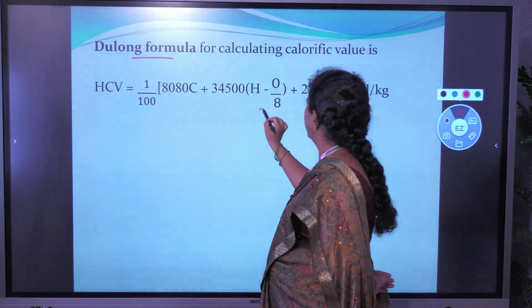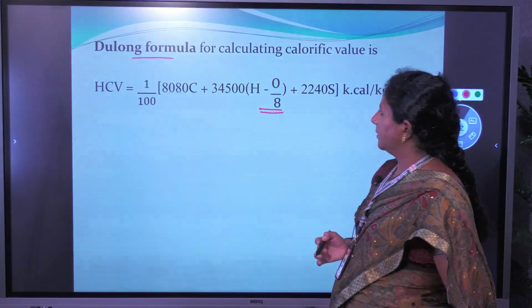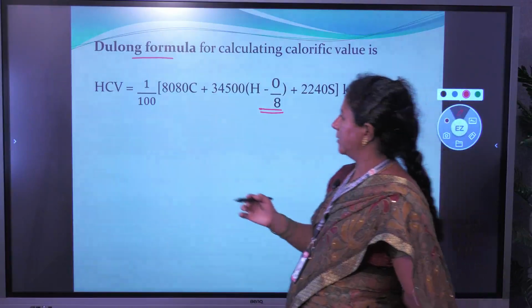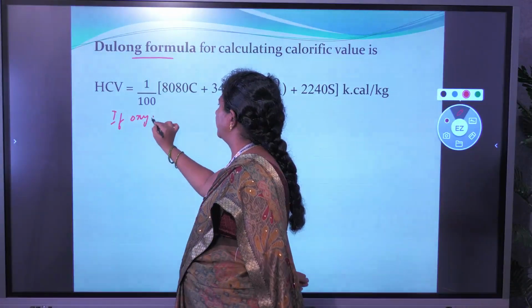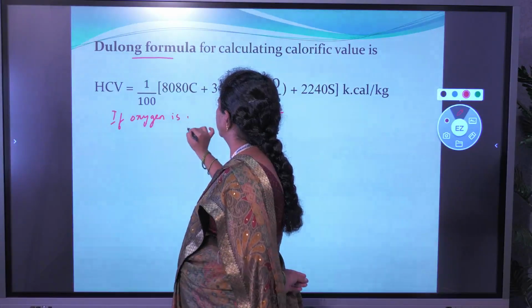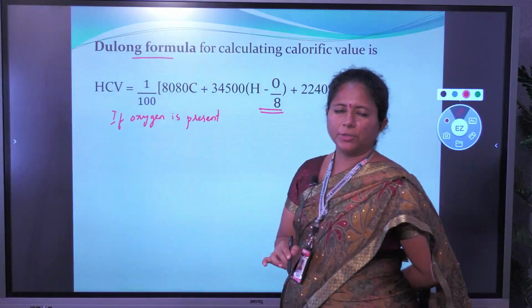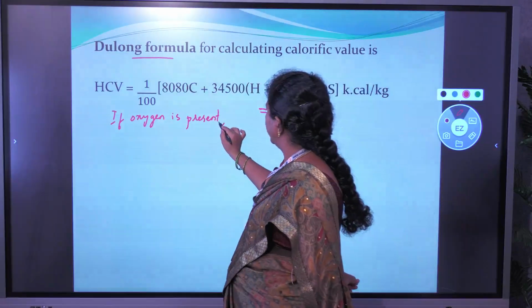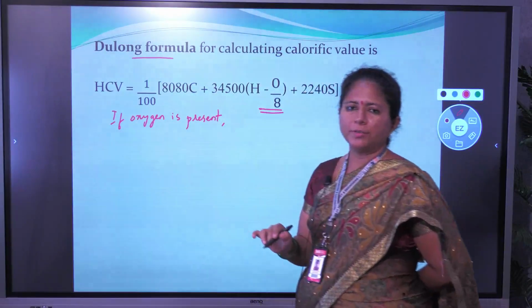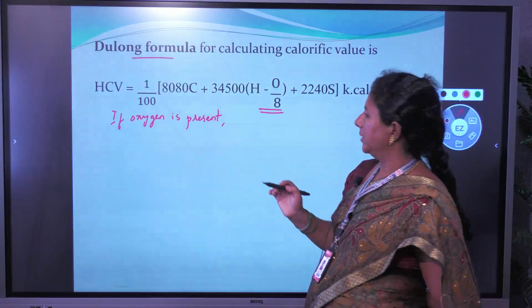So here, now I will explain this. That means amount of oxygen. If oxygen is present in a fuel, it will be existing in combination with hydrogen as H2O. Thereby, it reduces the weight of hydrogen by oxygen by 8.